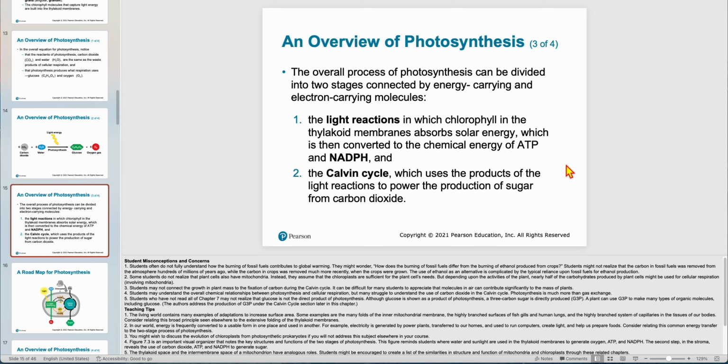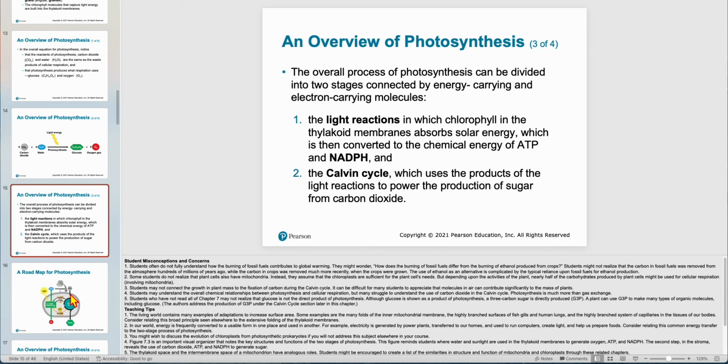So don't look at it as night and day, but more of, is there more light present or not enough light? Light reaction takes place when there's plenty of light, and the dark reaction takes place when there's not enough light, even if it happens to be during the day. So dark reaction is Calvin cycle.